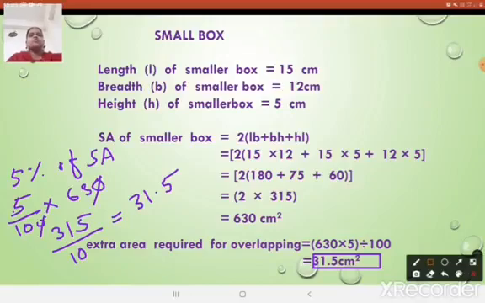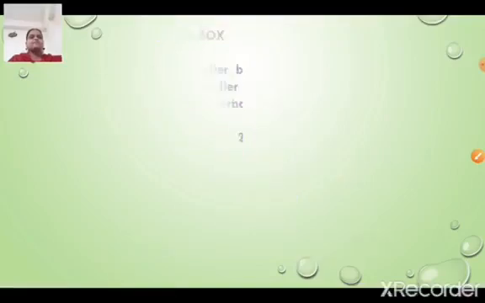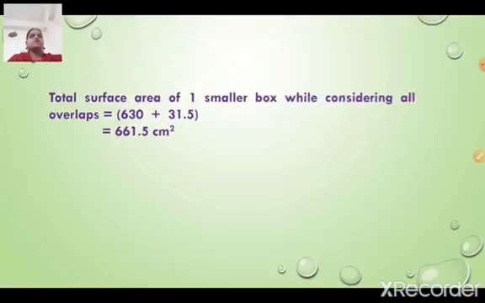This value is for what? Extra for overlapping. Now we will add both these values, 630 centimeter square and 31.5 centimeter square, to get the total surface area. So let us see now the total surface area of one smaller box while considering all overlaps.